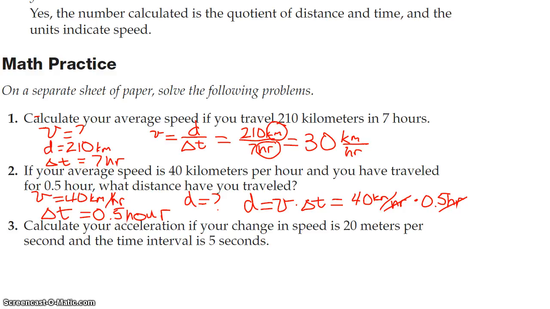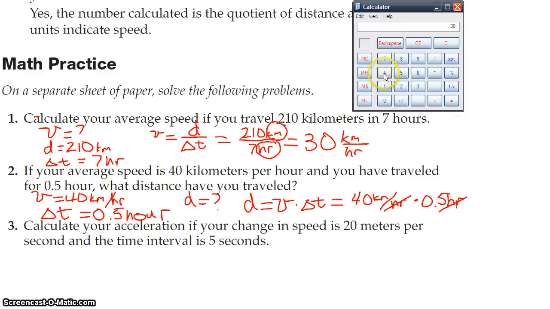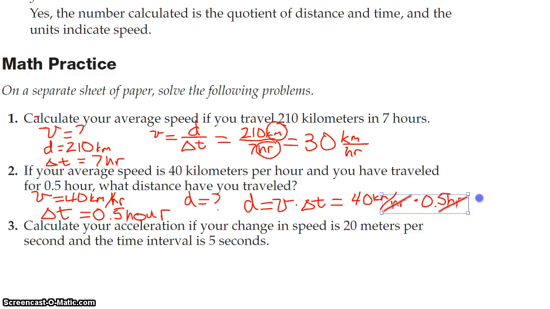And let's pull up our calculator again, and we're taking 40 and multiplying it by 0.5 of an hour, and we end up with 20. So our answer is equal to 20 kilometers.